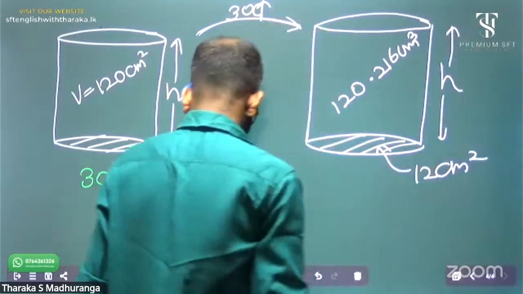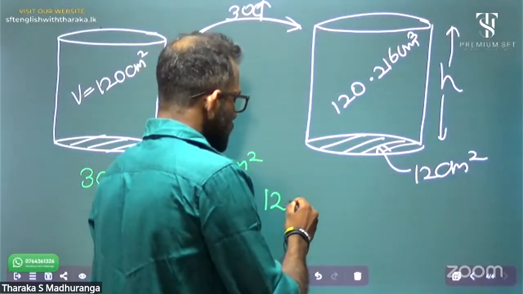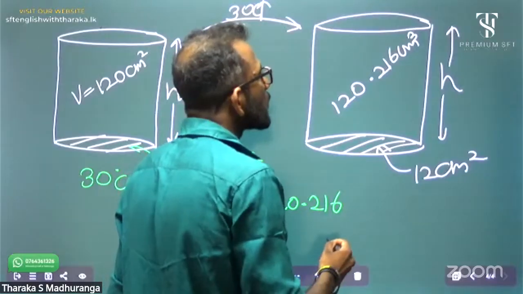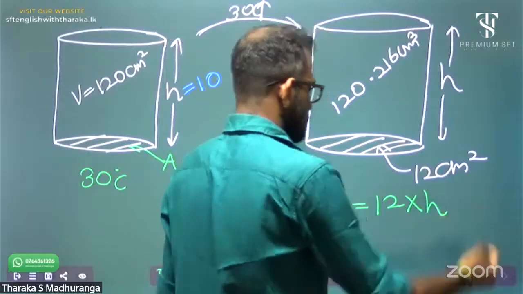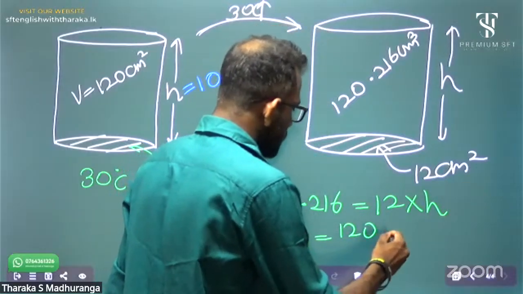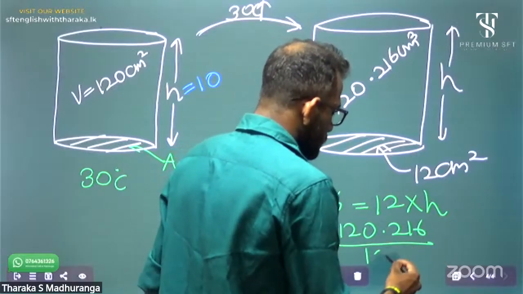Very simple. The volume 120.216 equals 12 into H. Now H equals 120.216 over 12.